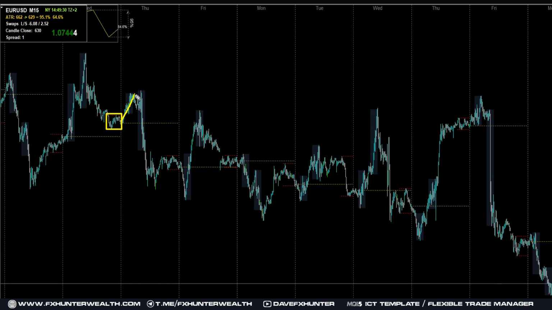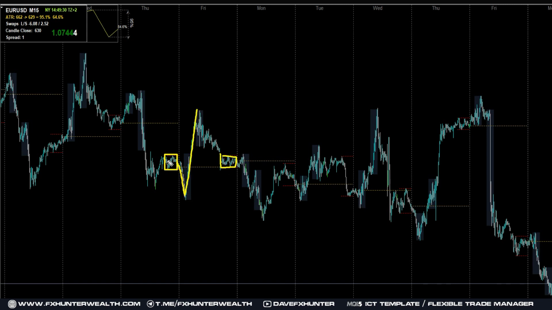Then we have an expansion, but we know that if the price is going down, we cannot have the consolidation and then a reversal. So this expansion, we know that it's actually a manipulation for the further move lower, right? And again, we have a consolidation, expansion, reversal, right?